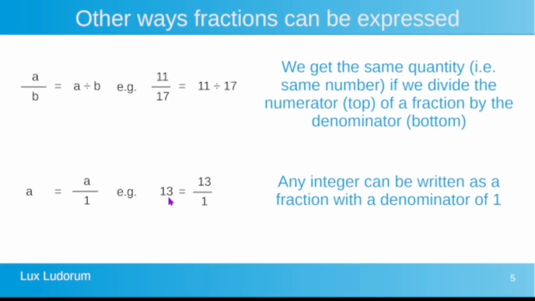So, for example, 13 can be written as a fraction, 13 over 1. Any integer can be written as a fraction with a denominator of 1. And of course, you can go the other way. 13 over 1 is a fraction, and can be written as just 13.